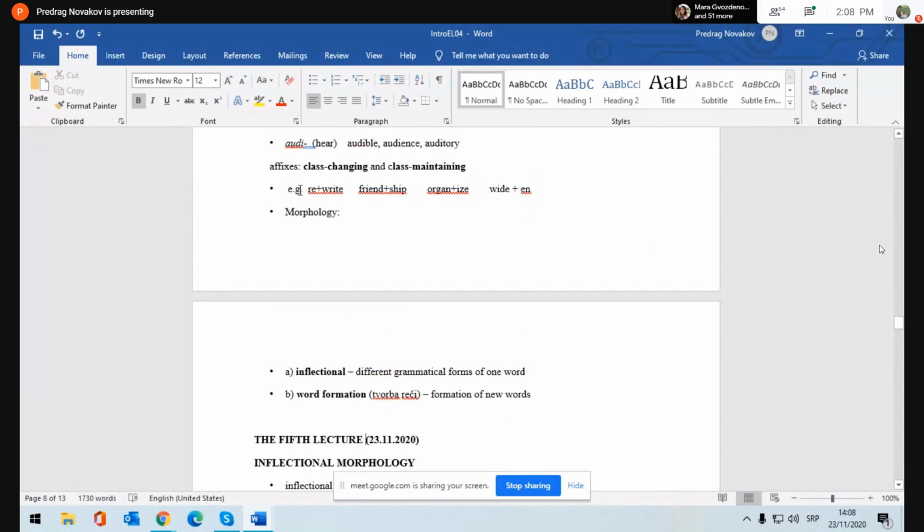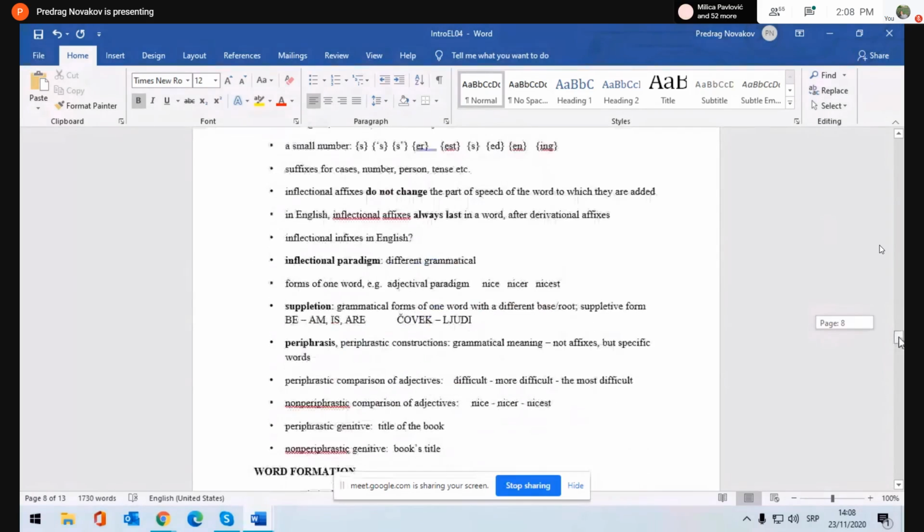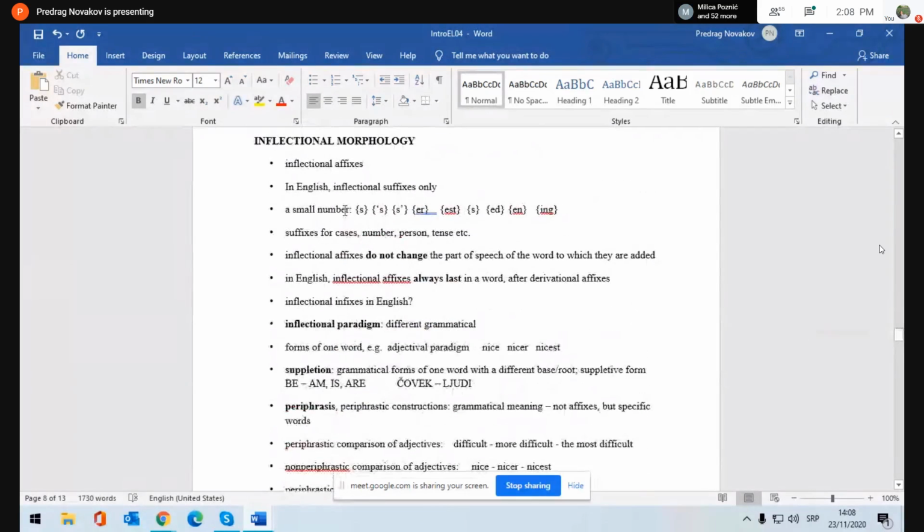Re is a prefix, but it's not inflectional because it creates a new word. This should be clear. If it is not, you can ask a question. So in English, we have inflectional suffixes only, not prefixes.